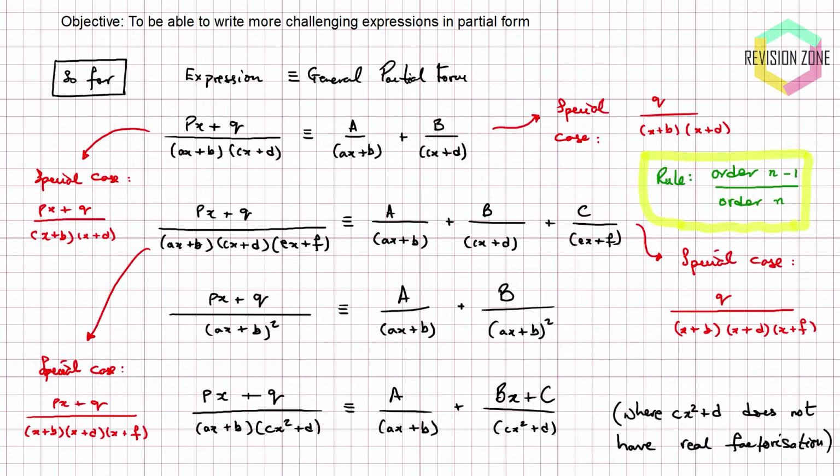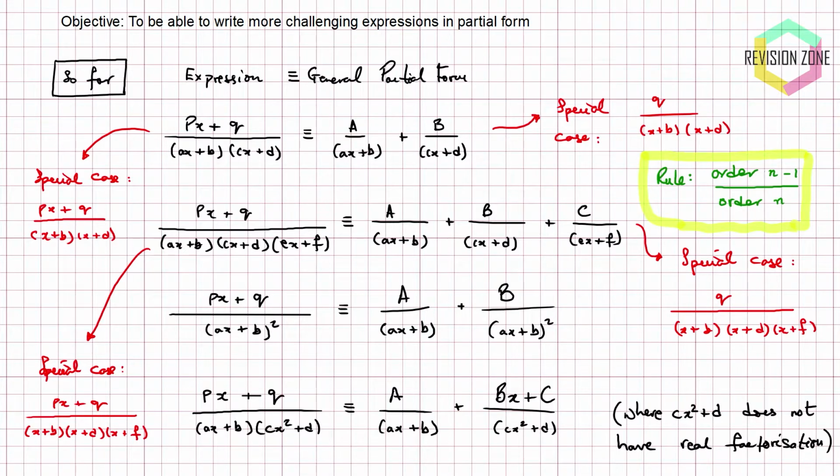And lastly, we also saw that we could have a case where we've got a linear function on top, so px plus q, but the denominator has two factors, and one of the factors is a quadratic factor that cannot be further factorized. So I've got to stress that.